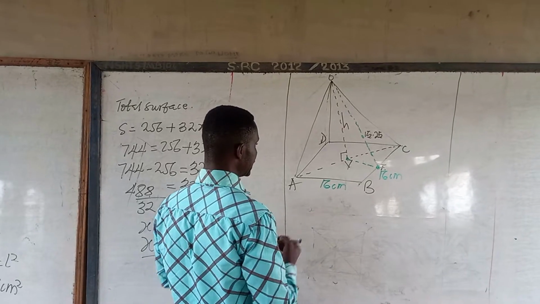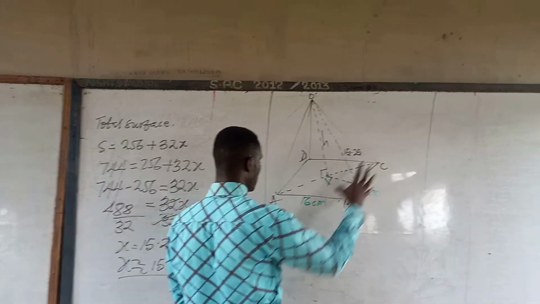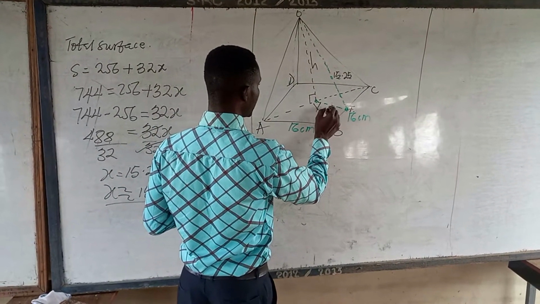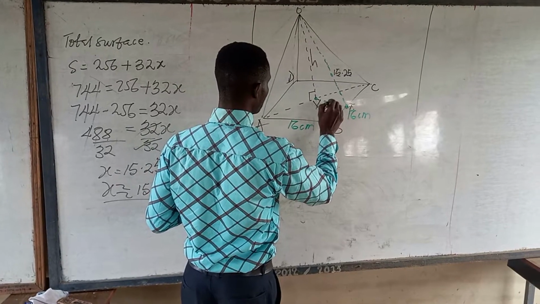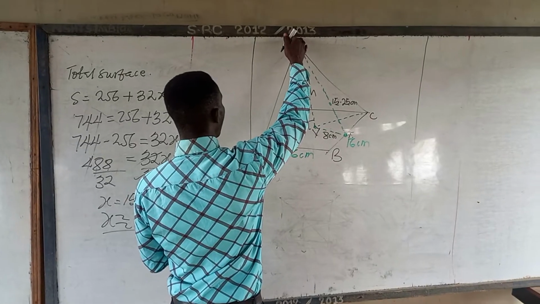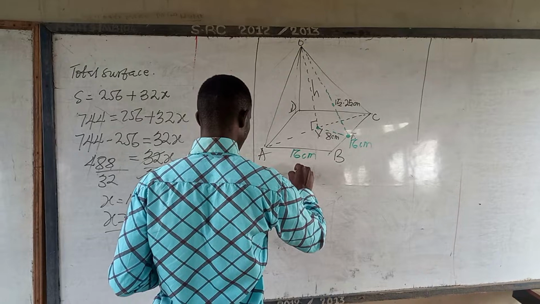And this VF is half of BC, as I've explained here. Half of BC is 8 centimeters. This is 8 centimeters. Now I can take triangle OVF out and calculate the height H.